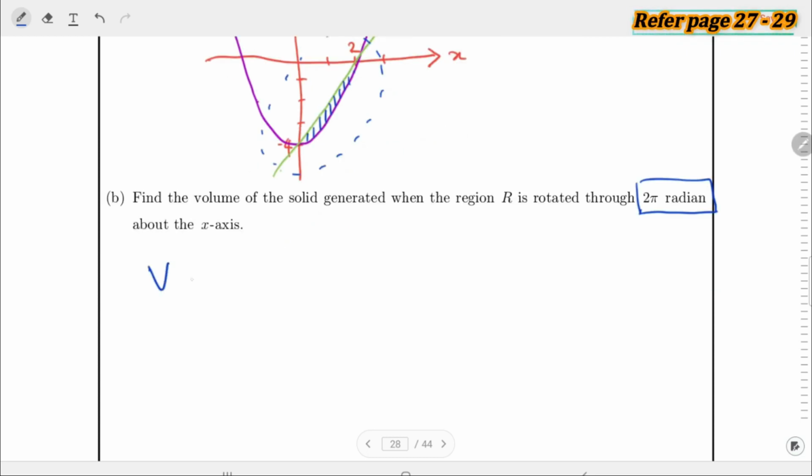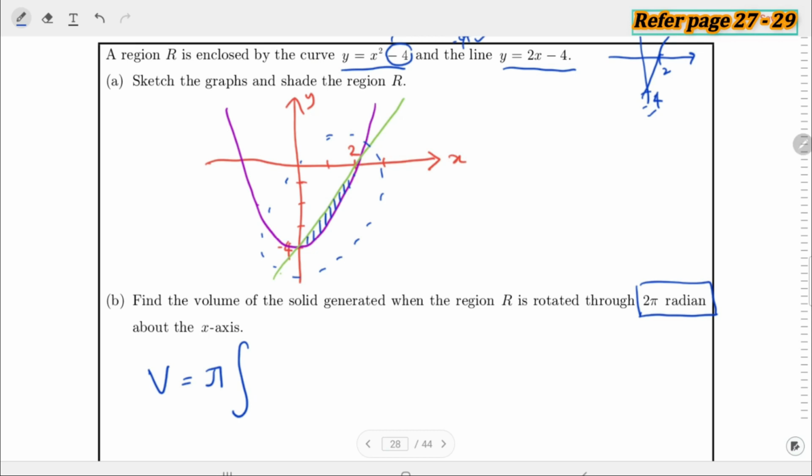So the volume equals, don't forget your pi here, and then the integration sign. From the sketching at part A, we are rotating about the x-axis, so the limits we are going to use are from 0 to 2. So lower limit 0, upper limit 2. We have two functions here.